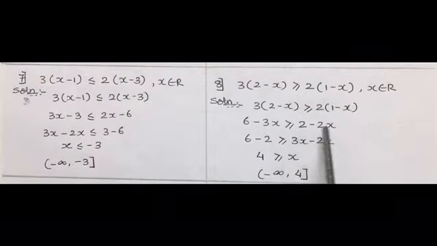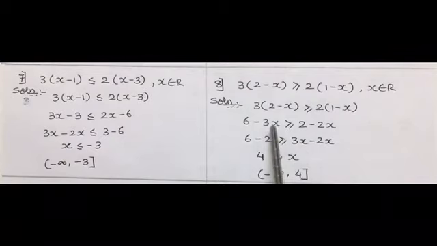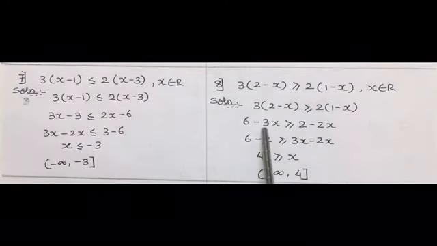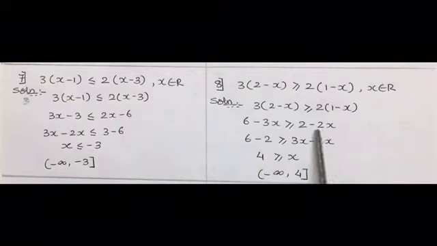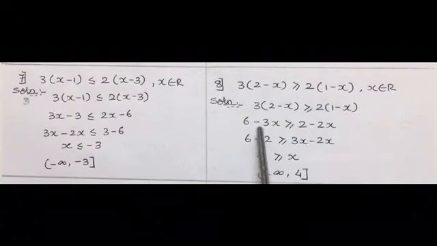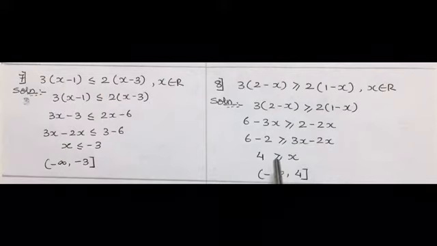So looking at the positive coefficient of x, we have to decide which term is to be shifted to which side. Here 3 was negative and 2 is also negative, but 3 is greater than 2. So shifting minus 3x to the other side will make x positive. So this is how we need to shift the terms.